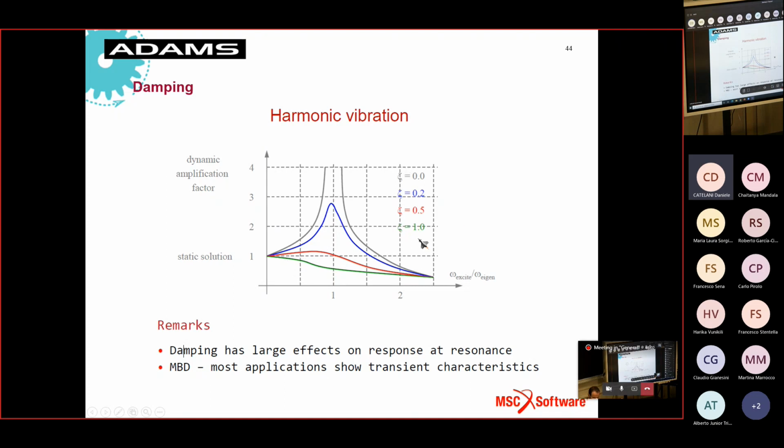And depending on the damping you use, you change the dynamic content of your system. So you need to know the damping value, or you need to use it carefully without inventing something. So be careful when you assign damping in your system.